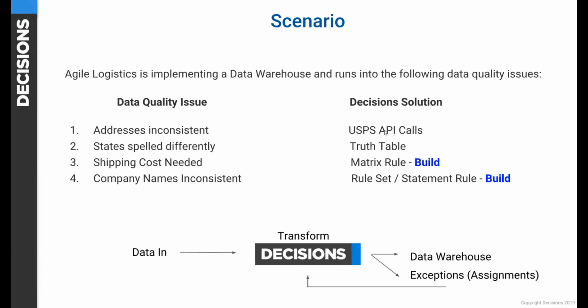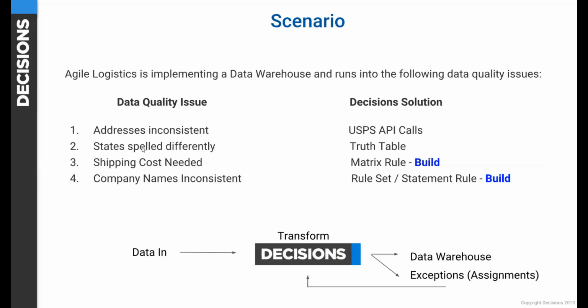In this case, we're including some logic to run through some API calls out to the USPS. Additionally, in Decisions, we have connections to the Google Maps addressing APIs. So if you wanted to learn how to use either of these, please get in touch with us.